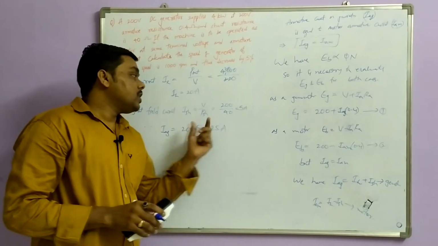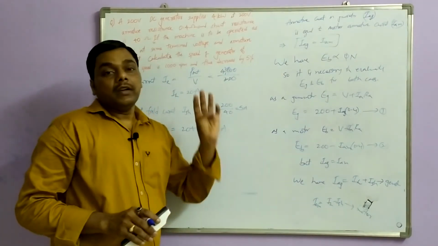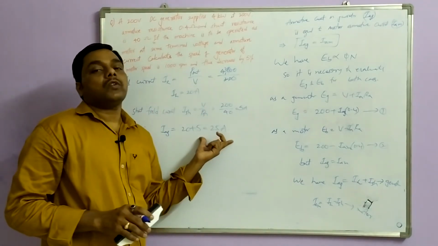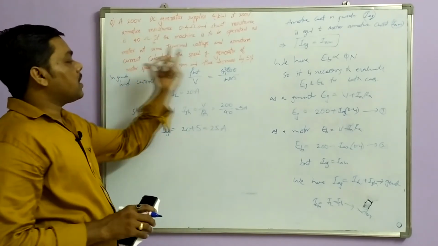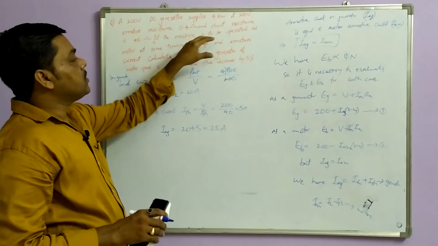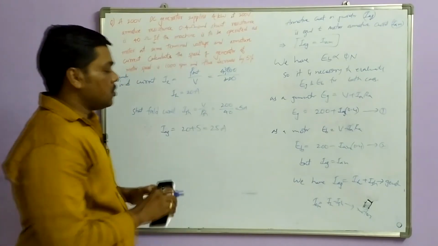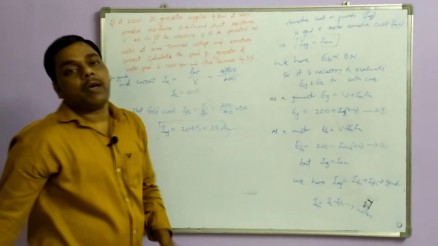Now this will be equal to the motor current. When it runs as a motor, the current will be equal to the generator current, so 25 amps will be the current we can calculate. This data belongs to the generator, so that is why I am taking IAG equal to 25 amperes.